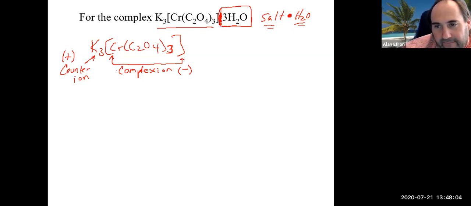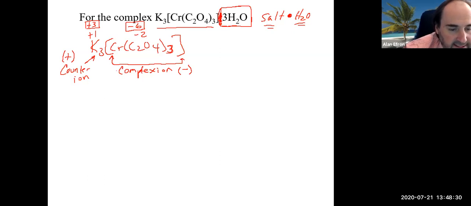So we want to figure out some charges, perhaps some oxidation states. This is oxalate, and oxalate is a -2 charge overall. There's 3 of them, which gives you a -6. On the outside, that's potassium, which is +1, and there's 3 of them, which gives you a +3 overall. Remember that these coordination compounds do equal 0 when it's all said and done.